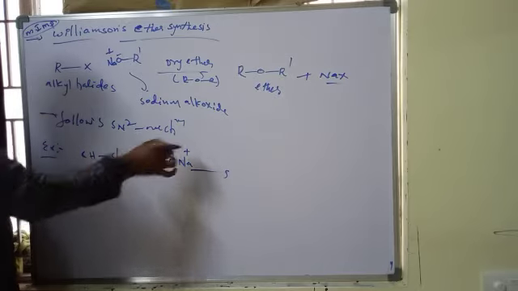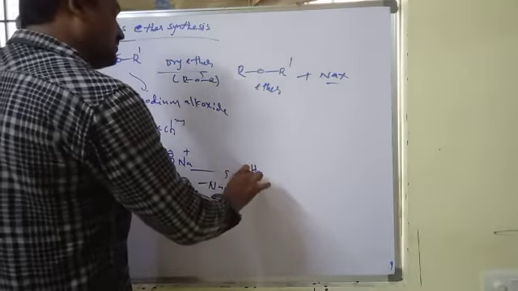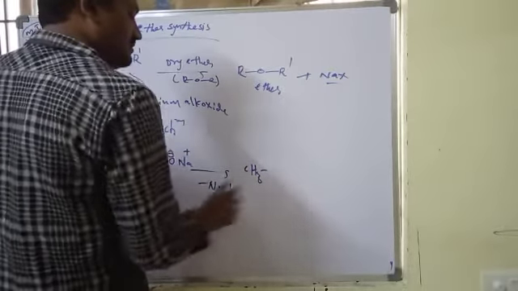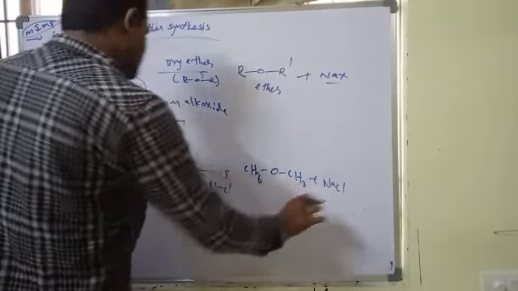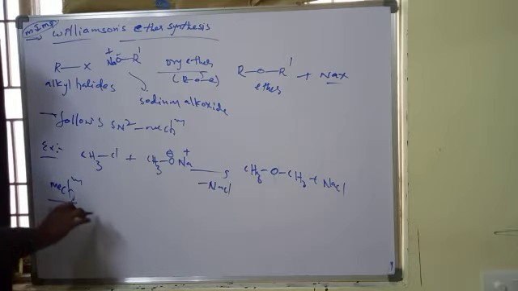Here simply NaCl will be removed, minus NaCl, and we will get CH3OCH3 plus NaCl removed. You see the mechanism.